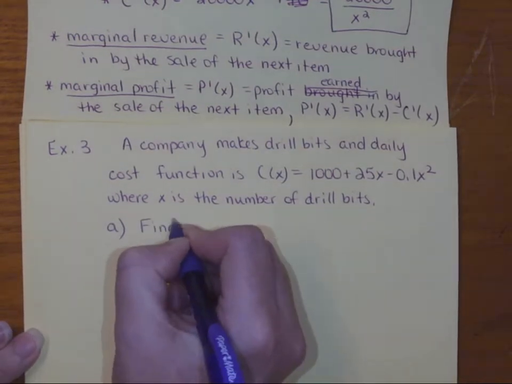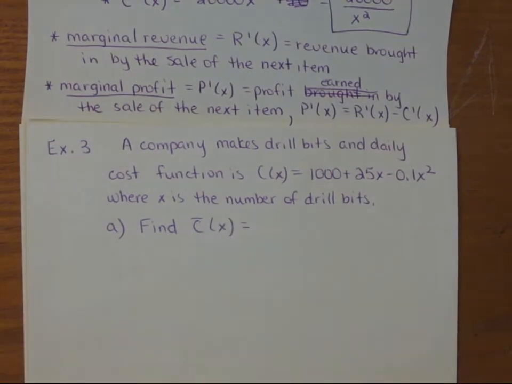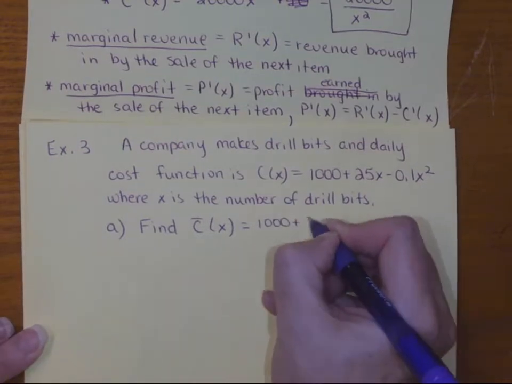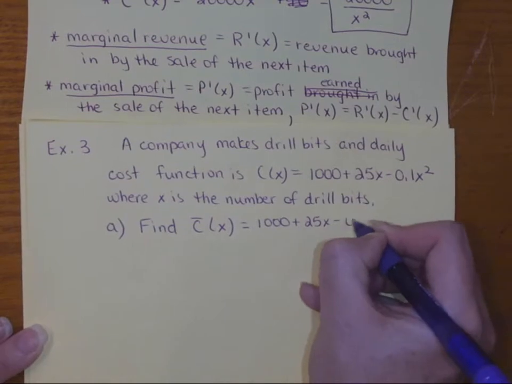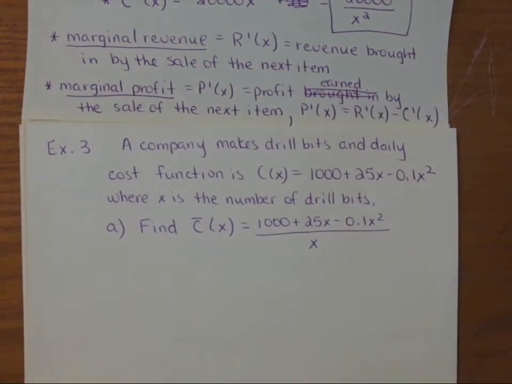So the first thing is, what if I ask you for C bar of x? Okay, you have to remember what that means, right? C bar of x means the average cost function. So I'm going to take 1,000 plus 25x minus 0.1x squared, and I'm going to divide that by x.